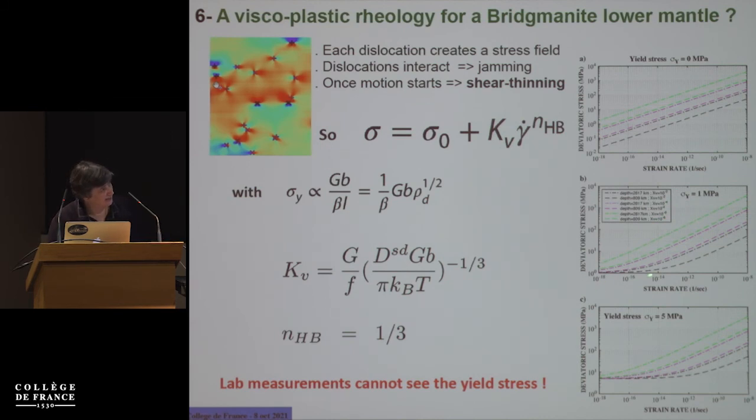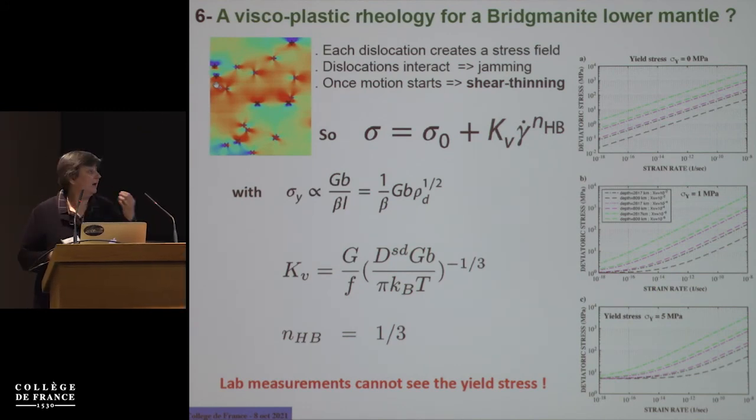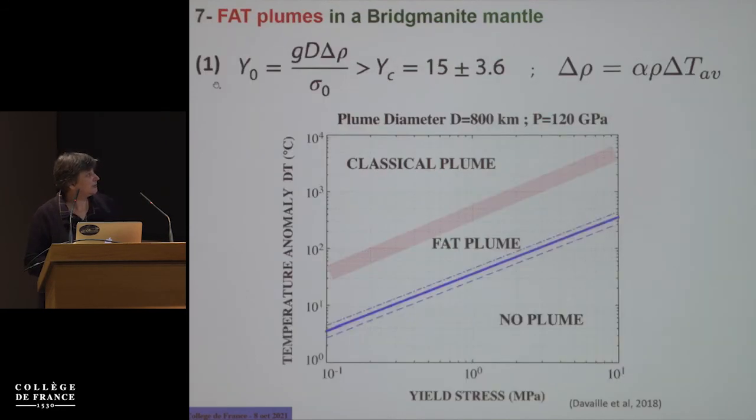And so in this case, you see that the part of the flow curve that is going to be influenced by it is for the low strain rate, for the mantle strain rate, of the order of 10 to the minus 15. So I think that we can safely say that we could have a yield stress in the mantle. The bad news is that we cannot measure it in the lab.